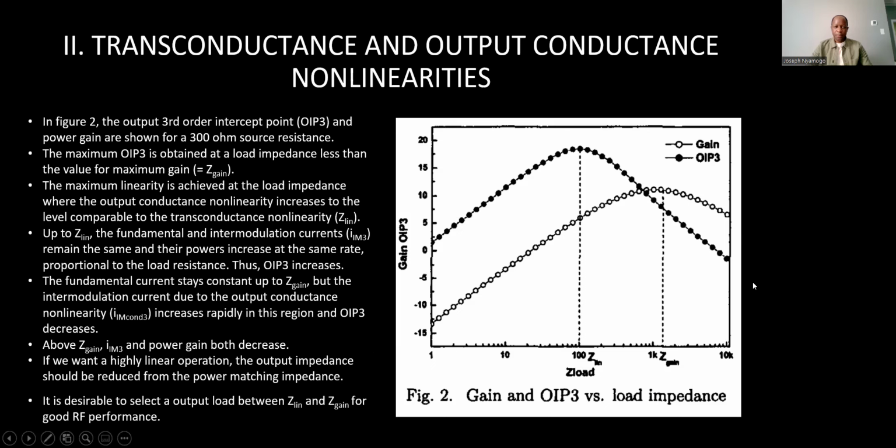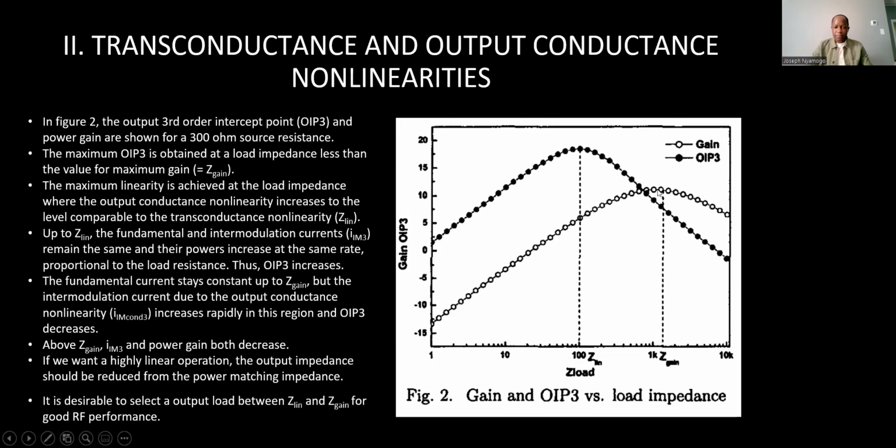Now in figure 2, output third-order intercept point OIP3 and power gain are shown for various load resistance. The maximum OIP3 is obtained at a load impedance less than the value of maximum gain, Z gain.